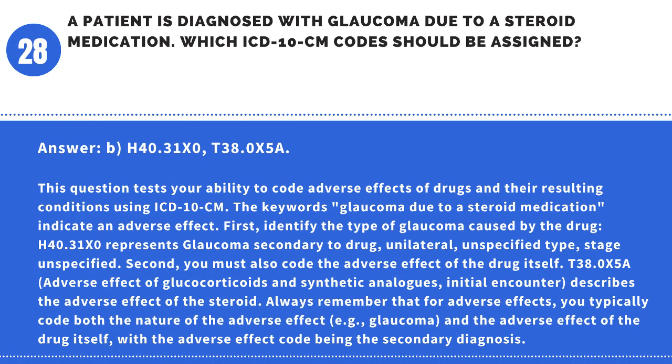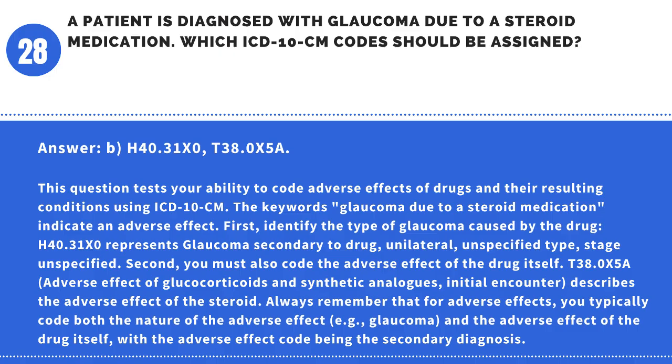H40.31X0, T38.0X5A. This question tests your ability to code adverse effects of drugs and their resulting conditions using ICD-10. The keywords glaucoma, due to a steroid medication, indicate an adverse effect. First, identify the type of glaucoma caused by the drug. H40.31X0 represents glaucoma secondary to drug, unilateral, unspecified type, stage unspecified.